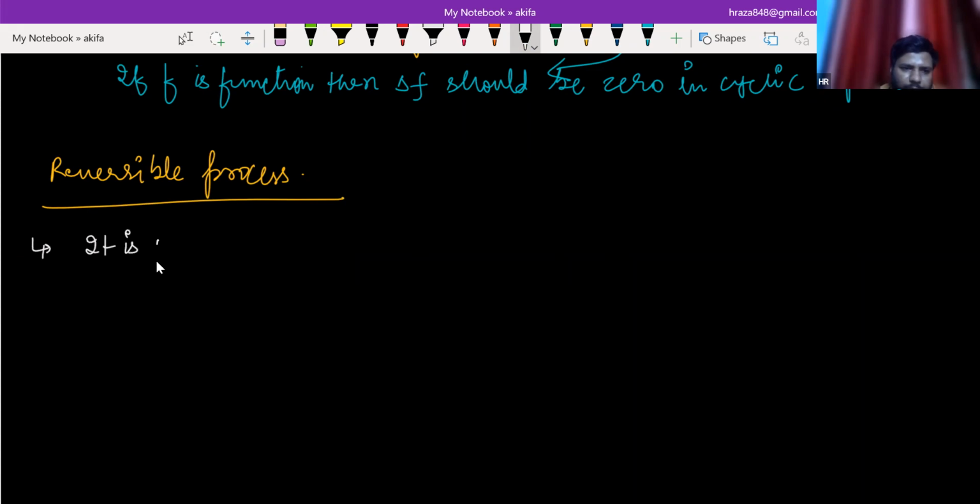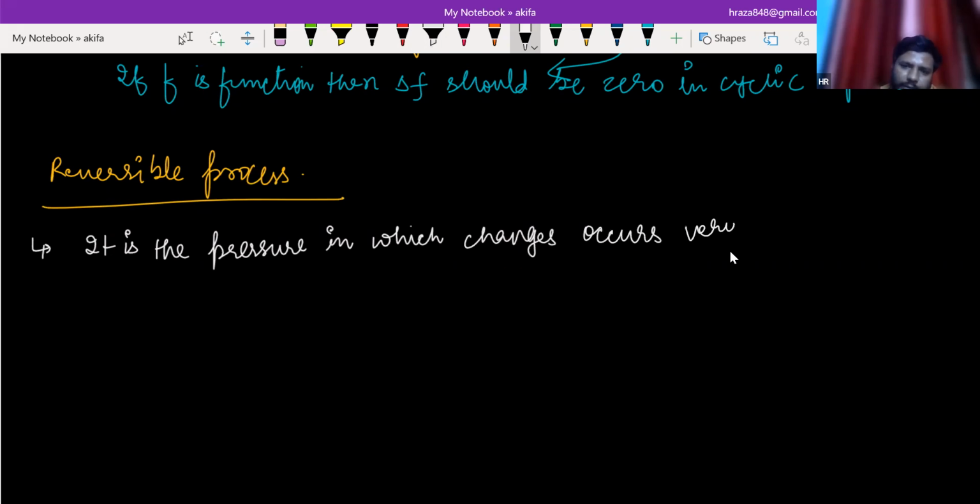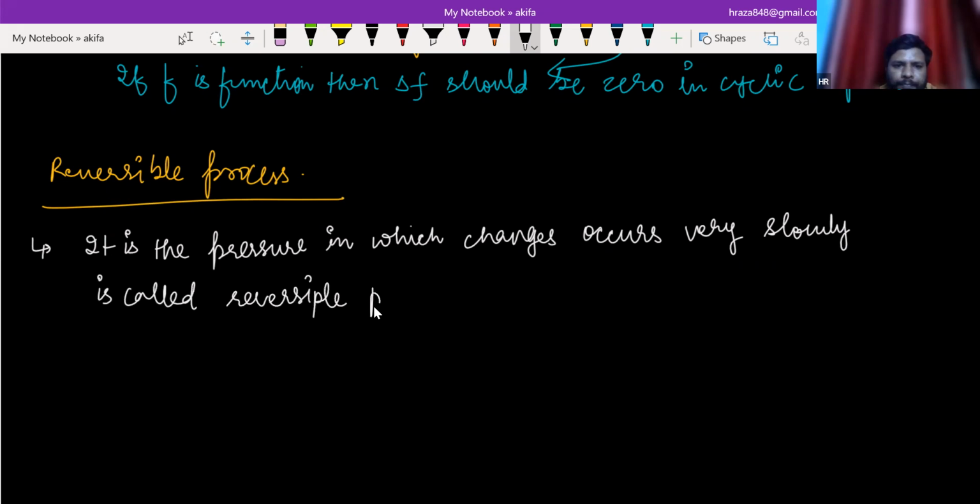It is the process in which changes occur very slowly. Changes occur very slowly is called a reversible process.